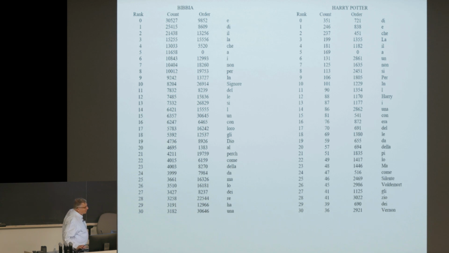At the beginning, of course, the most frequent words are articles. For example, in the English language, the most popular word is the, and the second most popular is a. What is interesting is that at approximately the 10th place, there is a main character of the book. In the Bible, it's Signore, the Lord, and in Harry Potter, it's Harry. So it appears roughly around the 10th place.